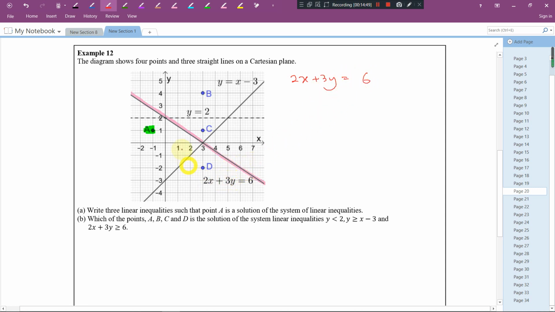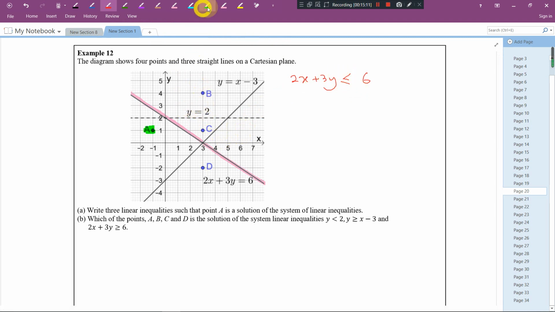And do notice that this point is located below this straight line, and the line is drawn using a solid line, right? Below, less than. And since this is a solid line, it will be less than or equal to.